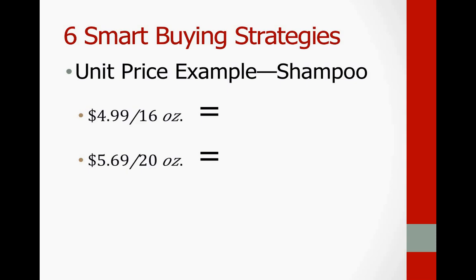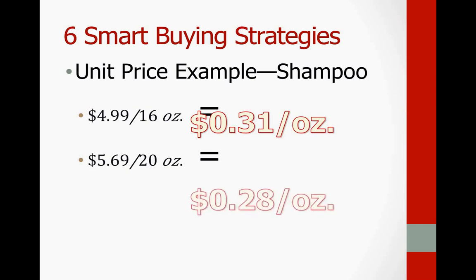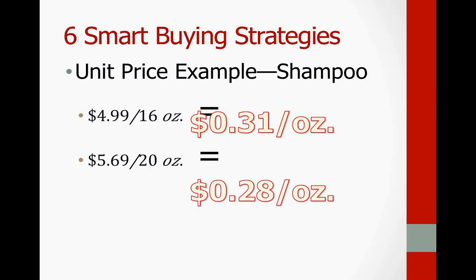But when you complete the unit price using the formula, taking the total price divided by the number of units, we see that $4.99 for 16 ounces comes out to 31 cents an ounce, whereas the more expensive one only comes out to 28 cents per ounce. So the best deal, the one you should buy, is the $5.69 bottle because you are getting the best value based off of the unit price.